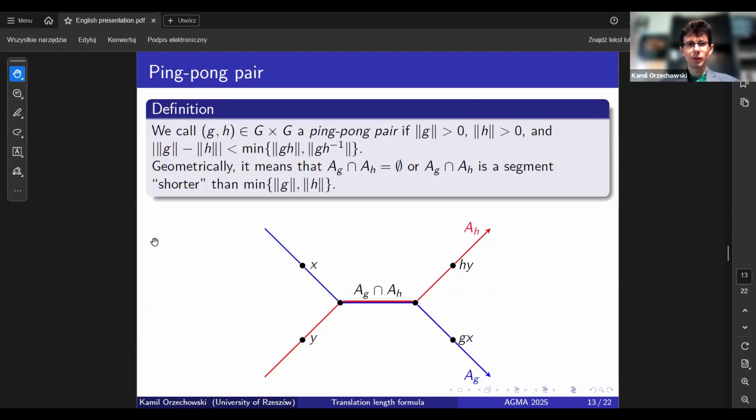I introduce the notion of a ping-pong pair. We call 2 hyperbolic isometries a ping-pong pair if they satisfy the algebraic inequality in the language of pseudo-lengths. Or geometrically, it means that the intersection of the axes of G and H is empty, or it is a segment shorter than a minimum of translation lengths, as in that picture.